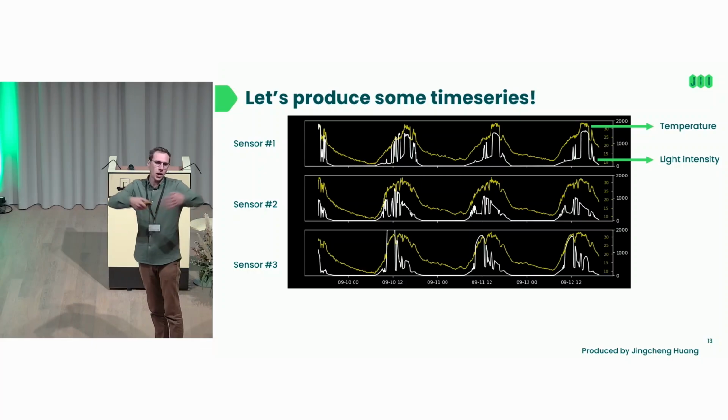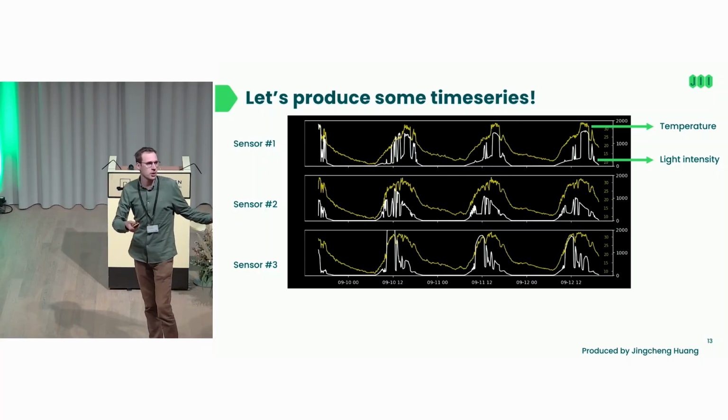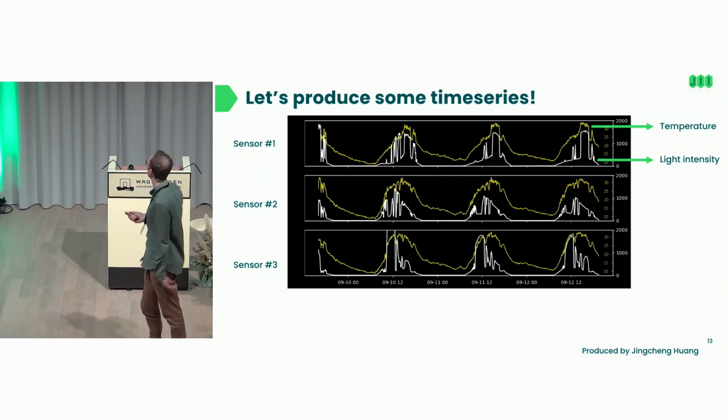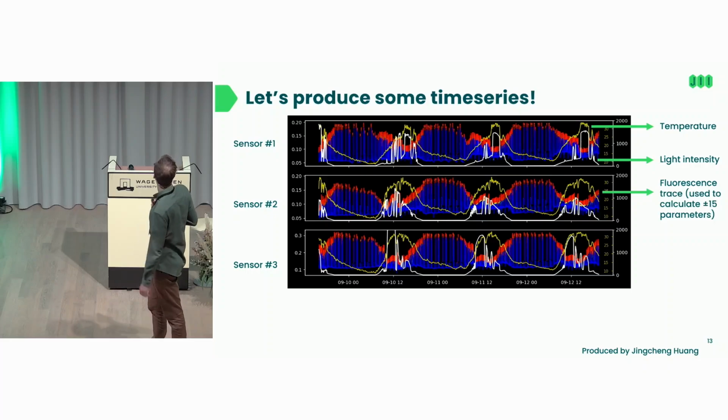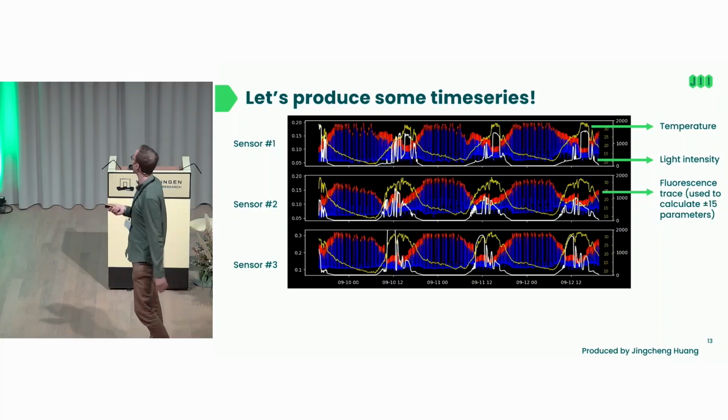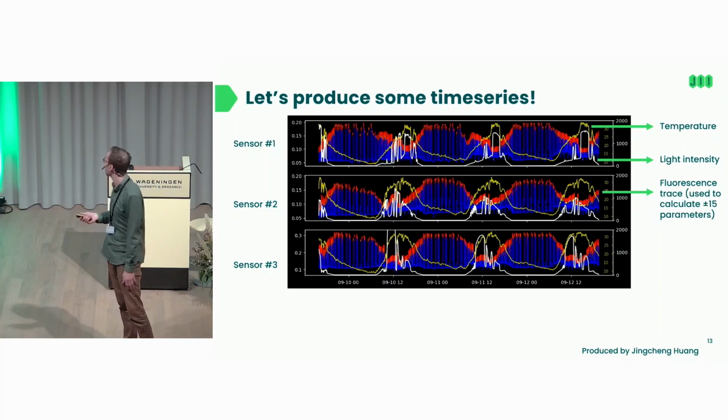So it's not that one environment is determining the whole field. No, it's much more complicated than that. And the plant is responding to that using photosynthesis. And we measure this fluorescence trace, which you can use to measure roughly 15 parameters, depending on how you do it. And that gives us an idea of how these plants are doing.